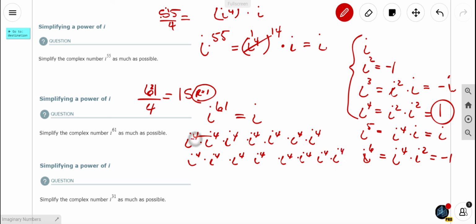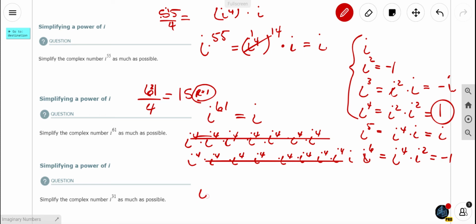All of these just equal 1, so you can cancel them out, and then you've got the little one left. And it's just i. That would equal i to the 61. Do you guys see that? 15 times 4 is 60, and then 61. Okay, it's kind of silly.